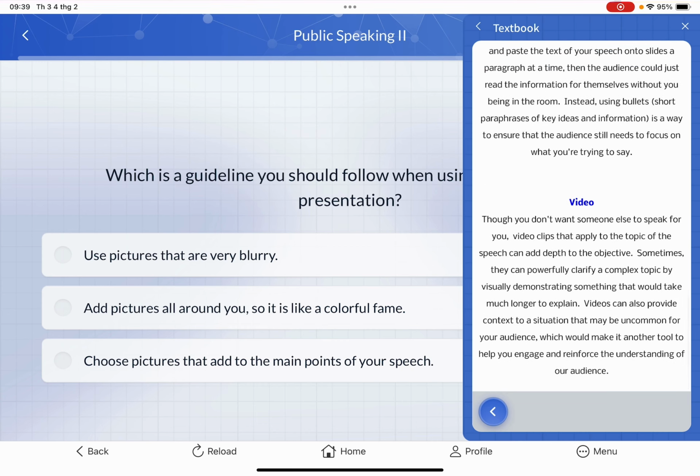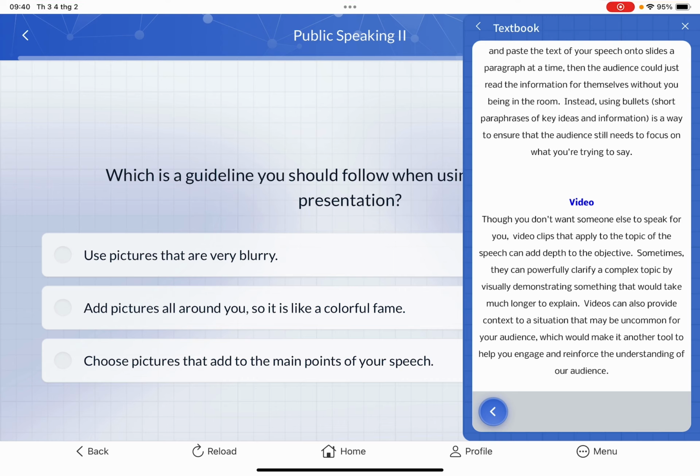Now the last thing that we can use is a video. Okay, we don't want someone else to speak for us, but a video clip that applies to the topic of the speech can add depth to the objective, and sometimes it can powerfully clarify a complex topic by visually demonstrating something that would take much longer to explain.